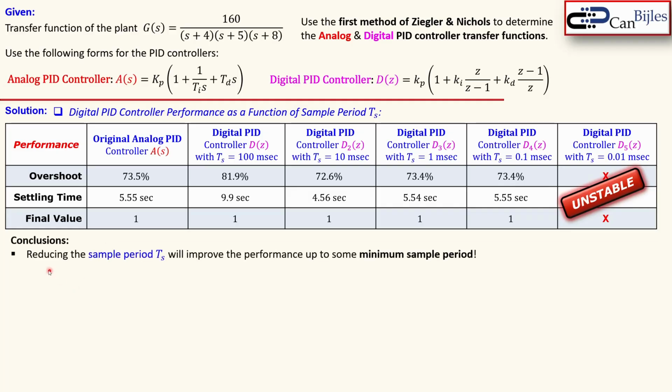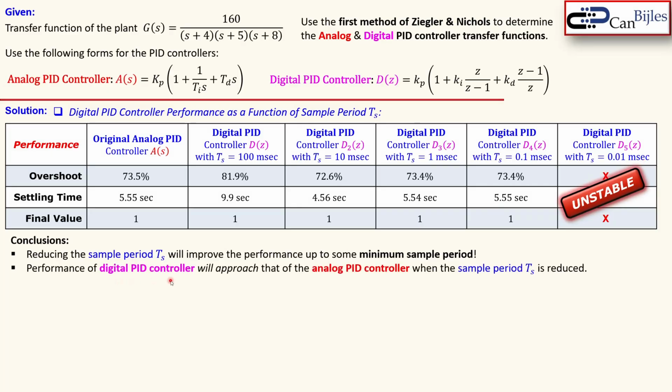So the conclusions again: reducing the sampling period, TS, will improve the performance, yes, but up to some minimum sampling period, so not necessarily going to very low values. The performance of the digital PID controller will approach that of the analog PID controller by making the sampling period smaller, but of course limited by this minimum value.